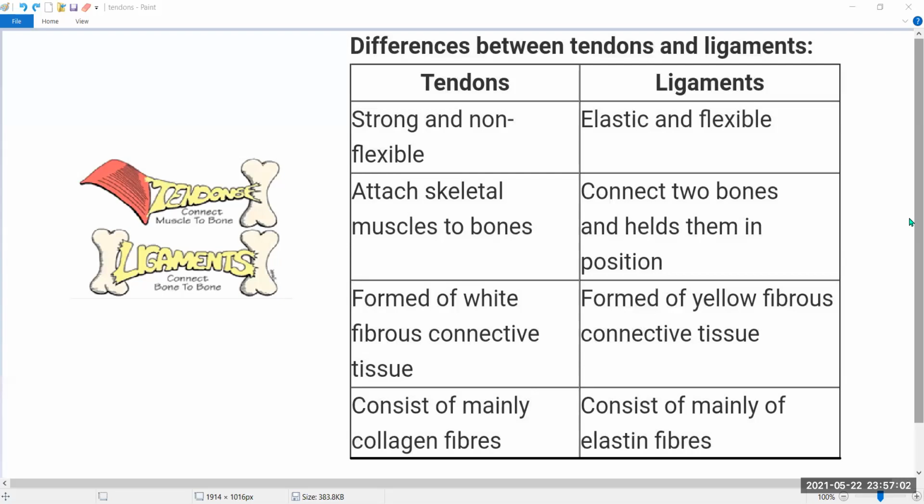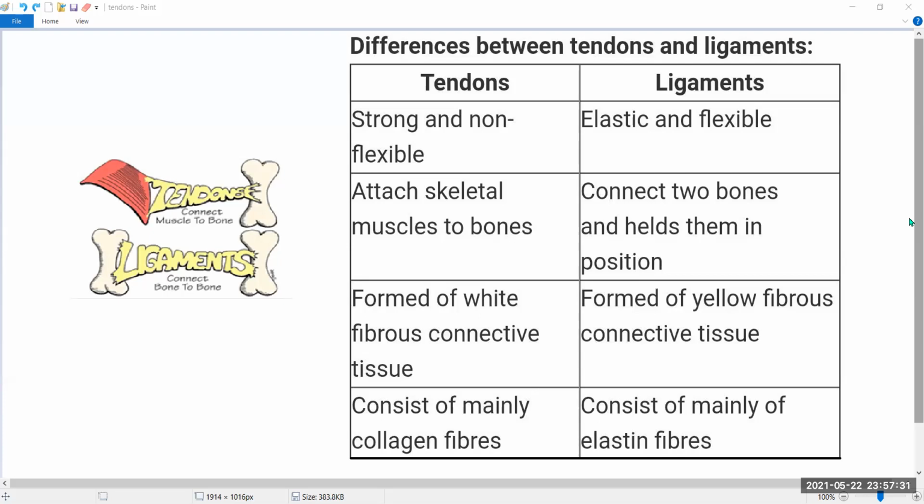Now, the other two types of fibrous connective tissues are tendons and ligaments. Tendons are dense fibrous connective tissue which provides great strength but limited flexibility. They attach muscles to the bones at joints.